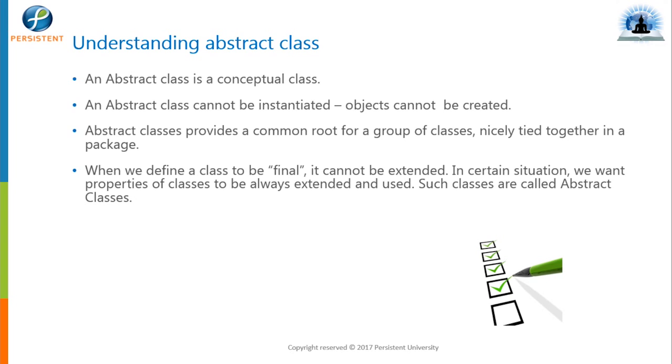So in most scenarios, if you see the base-most classes, the generic classes, the common classes are abstract classes. Getting it? And the other classes, the classes which we have implemented till now, are called concrete classes. Concrete classes means the classes which have some implementation, some definition, some methods.